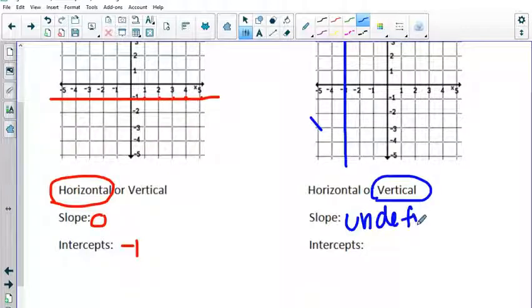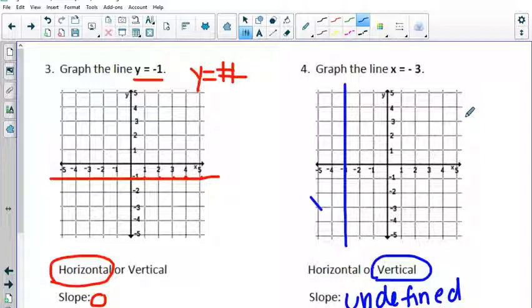And then the x-intercept, it only has an x-intercept at negative 3. Okay, so all equations, whenever you have x equaling a number, those are always going to be vertical lines.